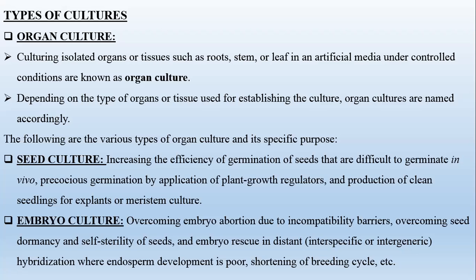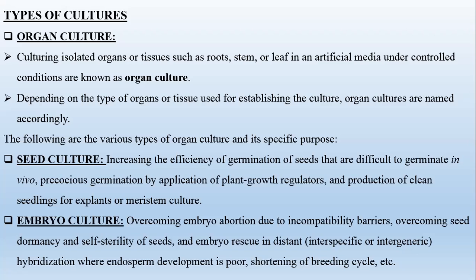In embryo culture, what we are supposed to do is isolate the embryo from the seed, and this embryo is used as an explant, which is inoculated on the nutrient medium. And why are we using this embryo culture? Because in normal crossing or hybridization, there is a cross between related species, which are from the same genus or from the same family.